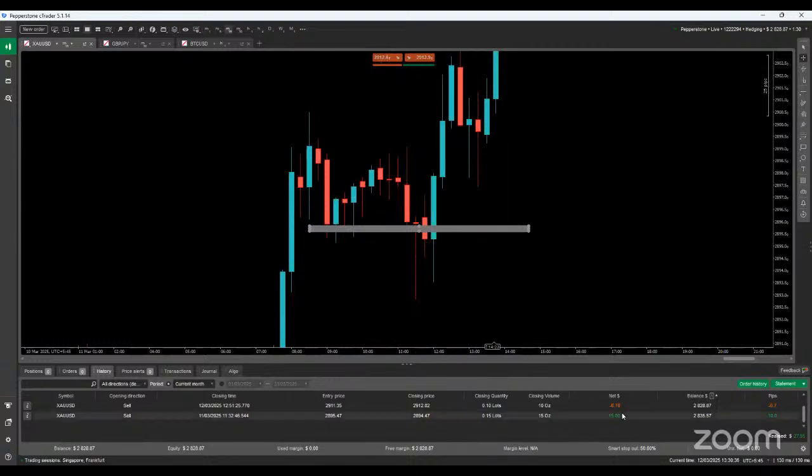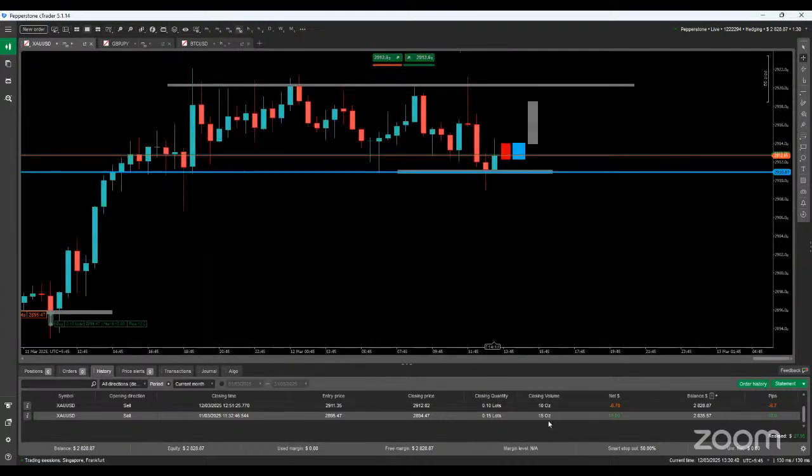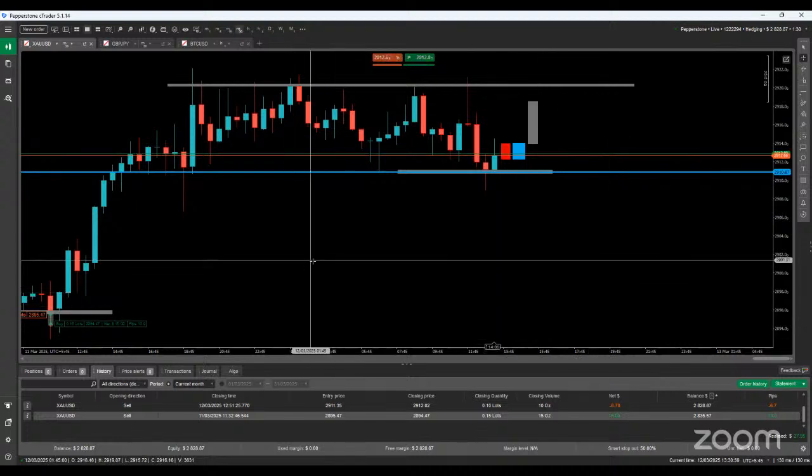So I executed my sell at this point and closed everything at this point, because looking at the 30-minute time frame, it's not a good idea to go for a sell. So I still managed my risk, getting 10 pips, and called it a day.